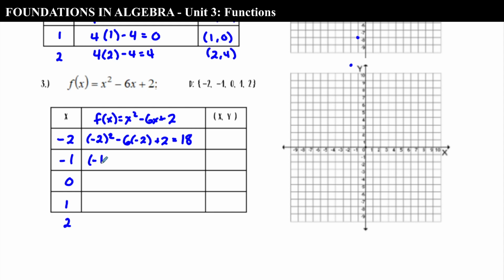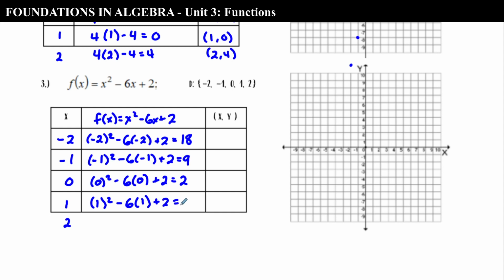We've got negative 1 squared minus 6 times negative 1 plus 2. So that's going to give us 1 plus 6, which is 7, plus 2 gives us 9. For 0, we have 0 squared minus 6 times 0 plus 2, which is going to give us 2. 1 squared minus 6 times 1 plus 2.